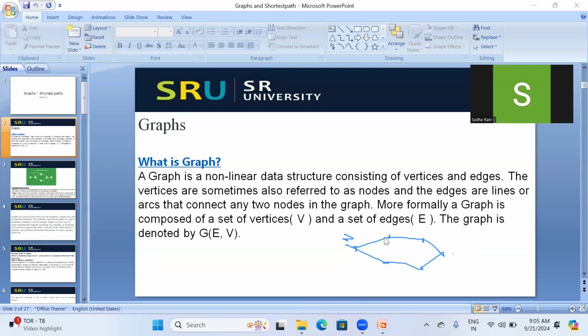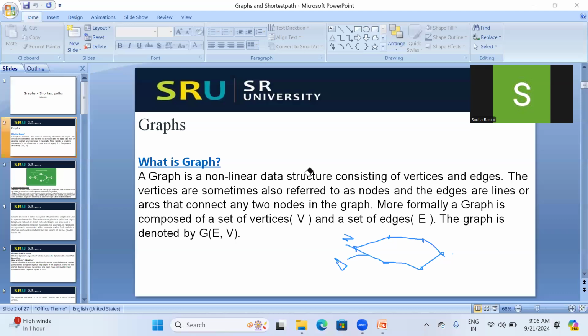So these are the nodes, and here the lines between the nodes, the lines which connect from one node to another node, are called edges. The vertices can also be called nodes, and here we are having the edges.